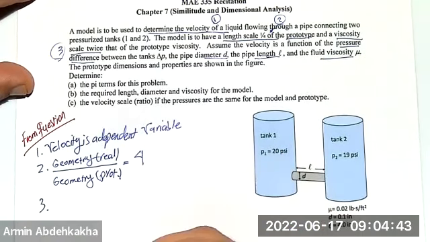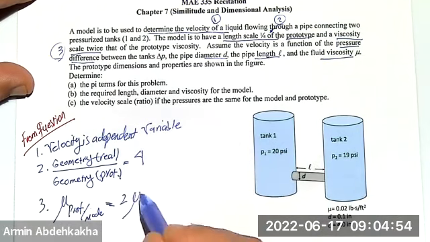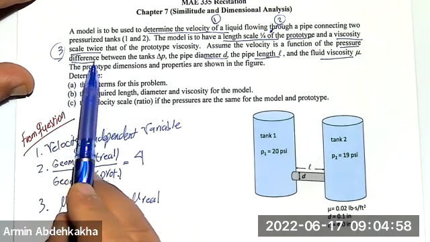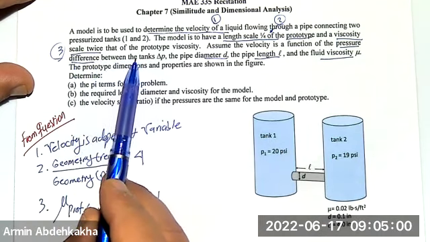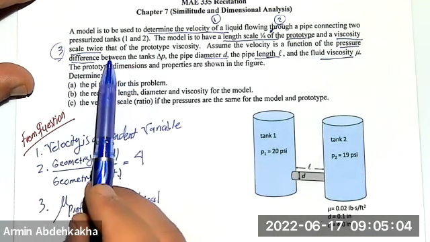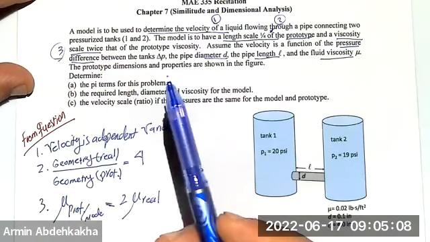What is the third one? The mu of the prototype or model is 2 times the mu of the real. This is given here: viscosity twice the prototype viscosity.